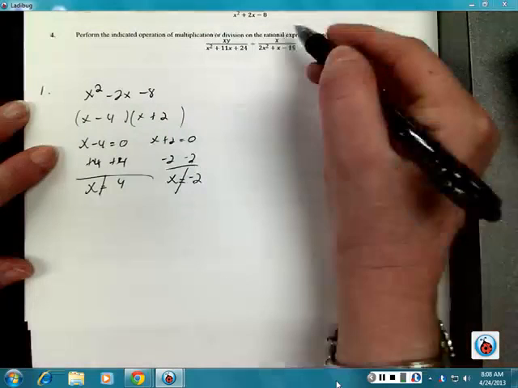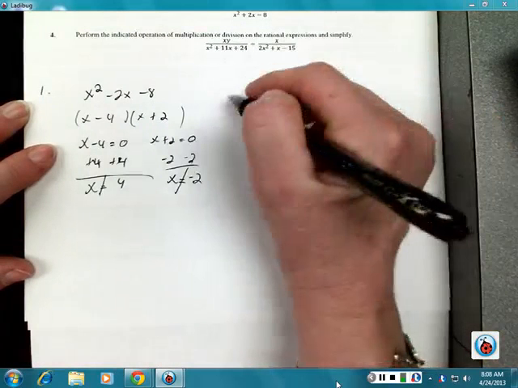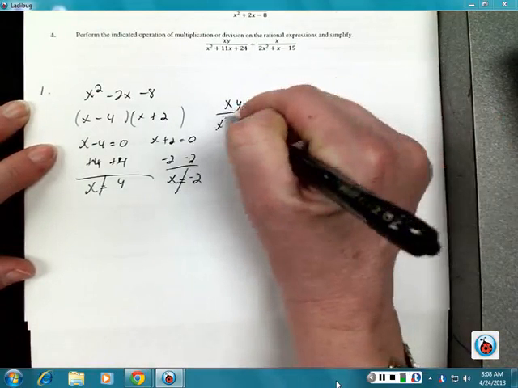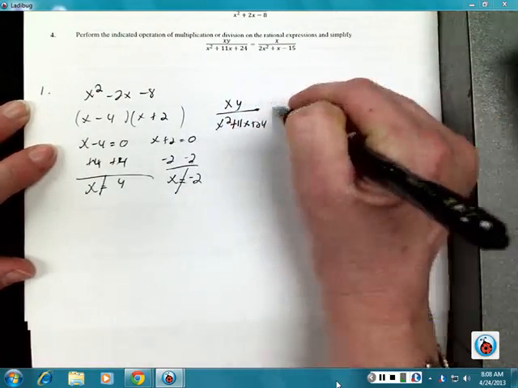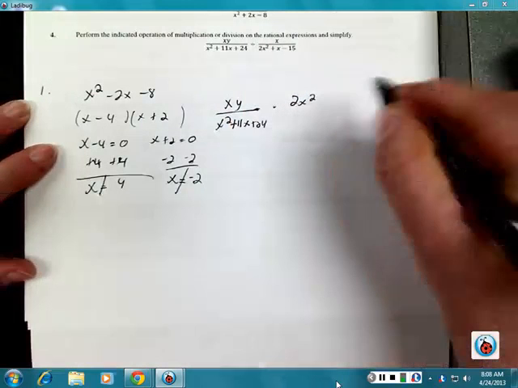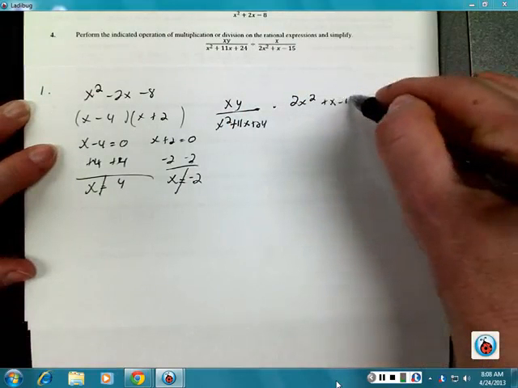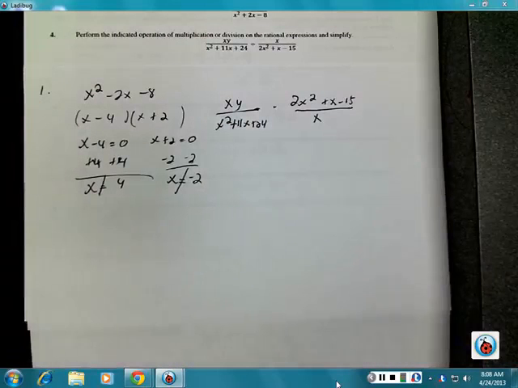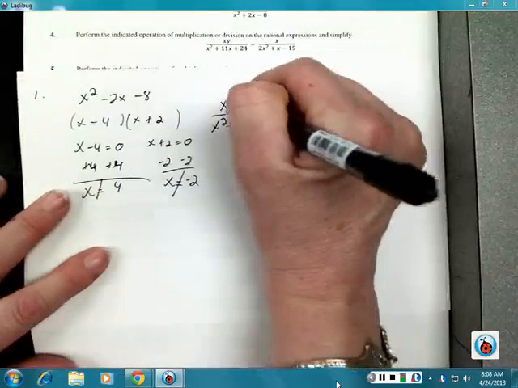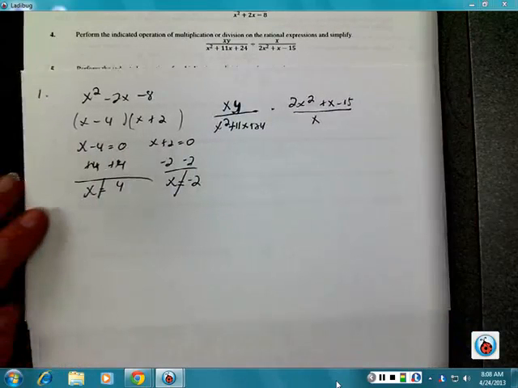Yeah, this one needs to get flipped upside down so that I have xy all over x squared plus 11x plus 24 times 2x squared plus x minus 15 all over x. And so I make this look more like a y in here. And so now what would you have to do?